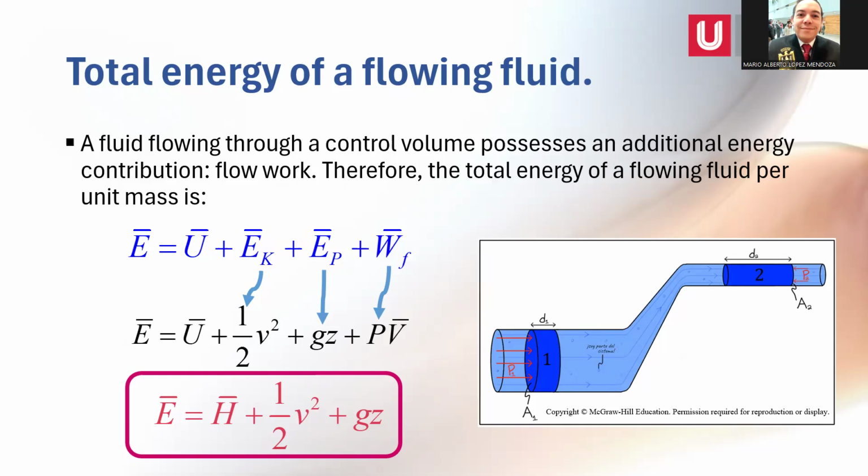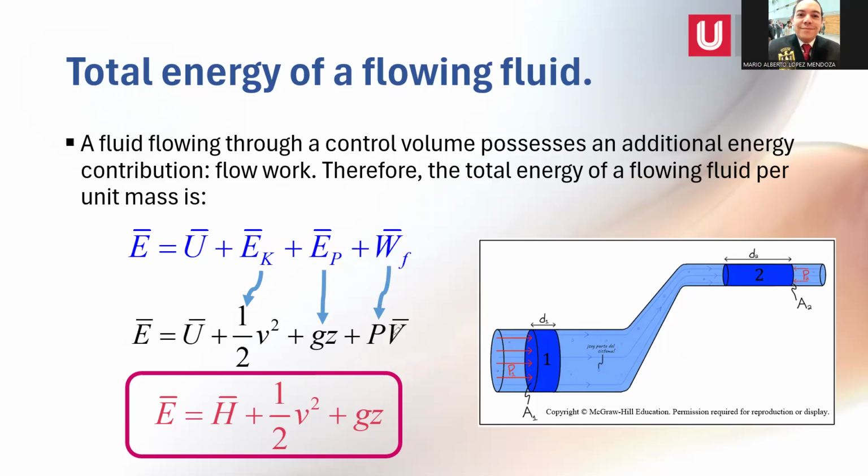So this is an additional energy that we are giving to the fluid. So we need to include this additional contribution in our previous equation. Remember that this flow work depends on the pressure and the specific volume.